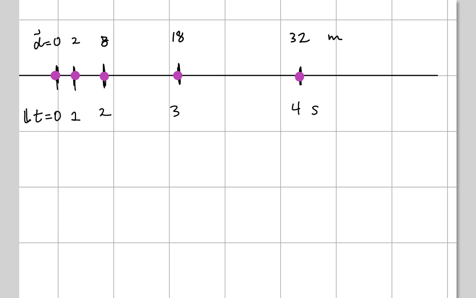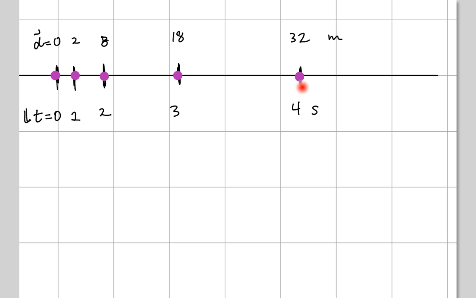So meters per second. What's the speed at the second dot here that I'm pointing to? At this dot, what's the speed? 2 meters per second. At right here, what's the speed? 8 meters covered in 2 seconds would be 4 meters per second. And then here it would be 6 meters per second.